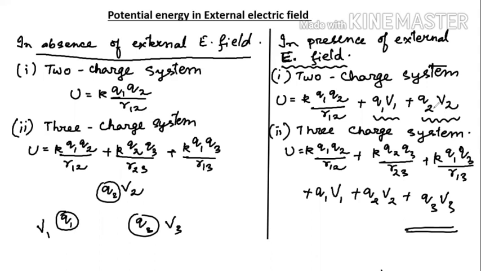So this combination of these two different types of work done will give you the net potential energy for a system of charge. Any system you can consider: two charge system, three charge system, four charge system.